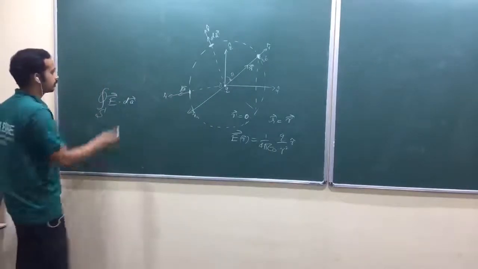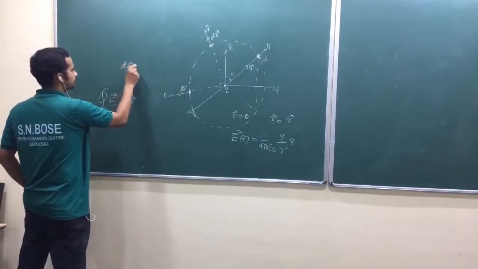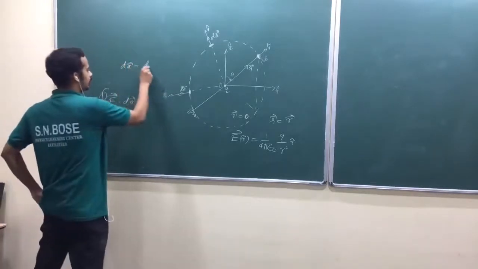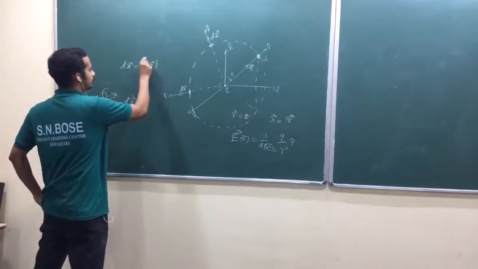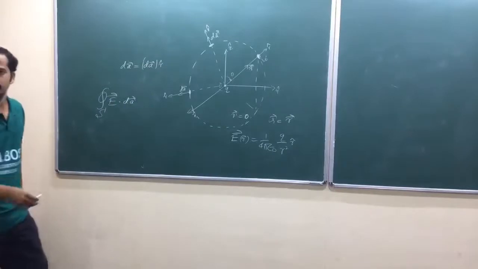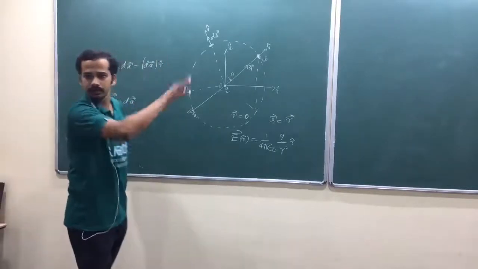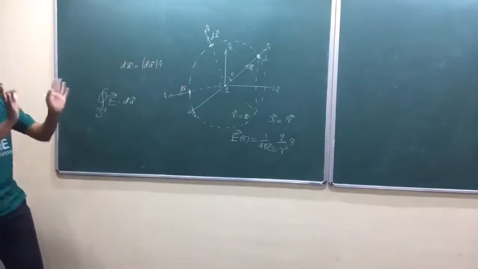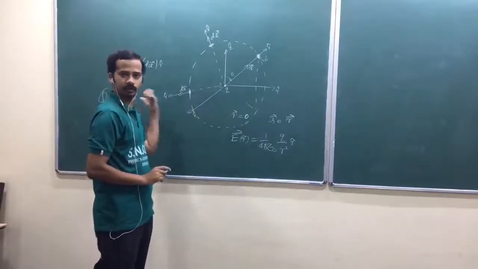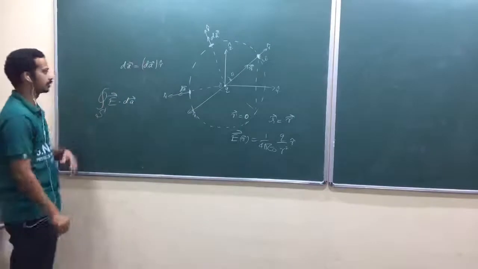Is that okay? So that's why can I write the dA vector as mod dA into r cap? Isn't it? Because wherever you take, your dA vector is along the radially outward direction. That is the r cap direction.